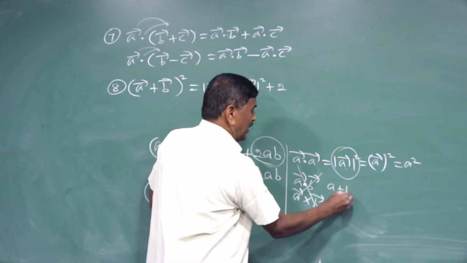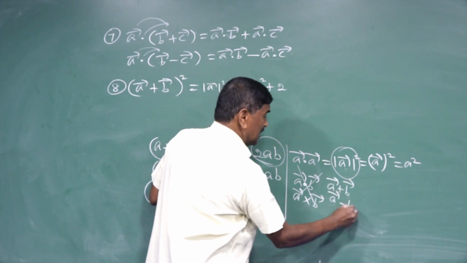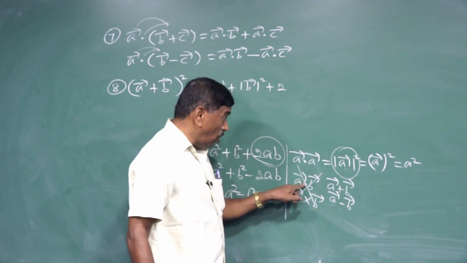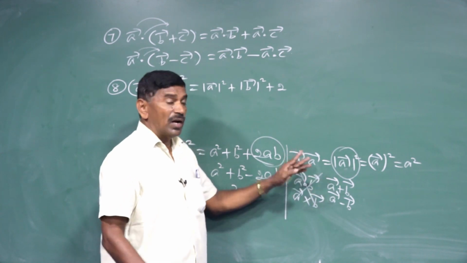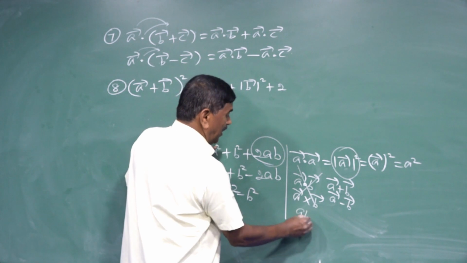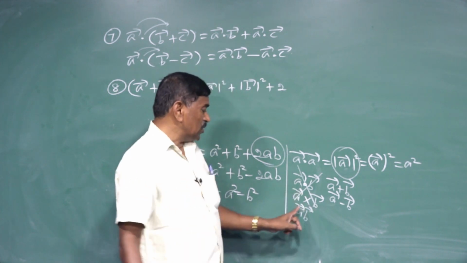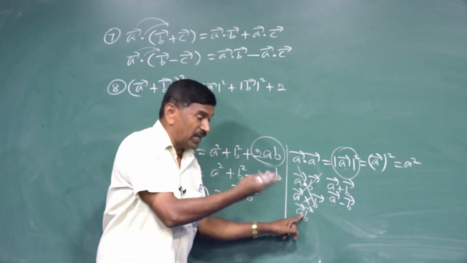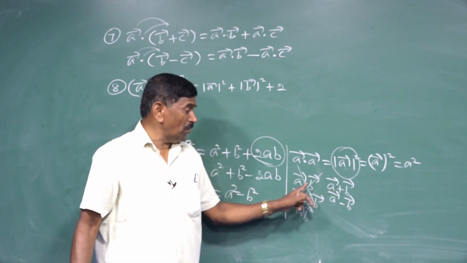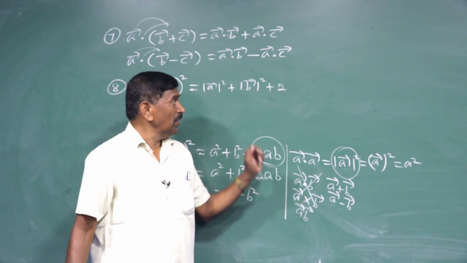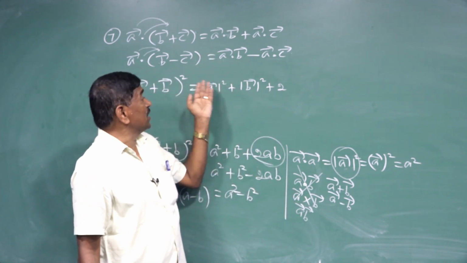Suppose A vector plus B vector, A vector minus B vector, A vector dot B vector, A vector cross B vector. So these are meaningful. And if you write A vector B vector, it is meaningless. So between two vectors we need a relation, whether addition or subtraction or dot product or cross product.